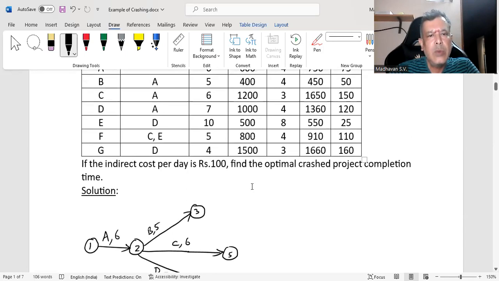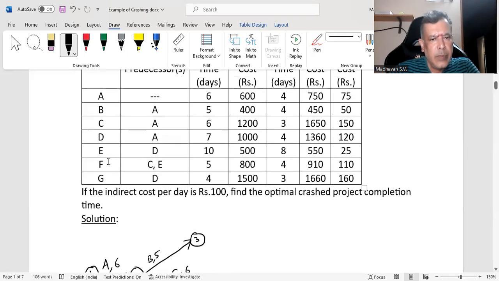Okay. Now, activity E can start after completion of activity D. Before I draw E, I will see whether E is getting merged with anything.